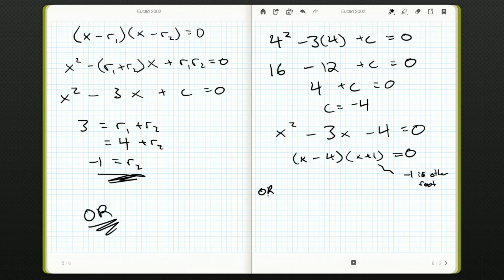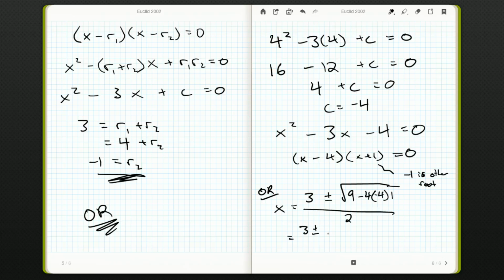Or you could do the quadratic formula at this point and say, well, my 2 roots are going to have to be negative b plus or minus the square root of b squared, 9, minus 4ac. With 4, negative 4 here, and then 1, all over 2.